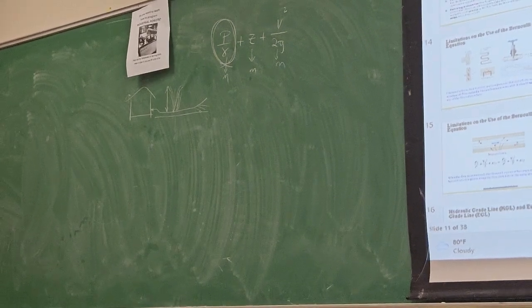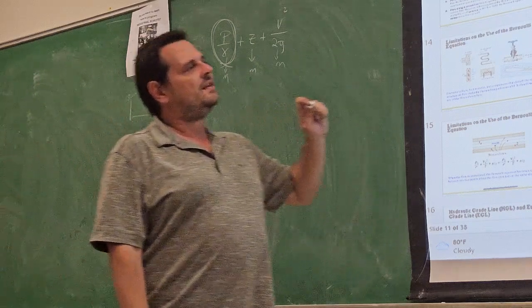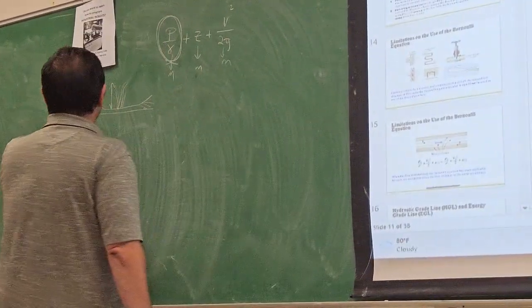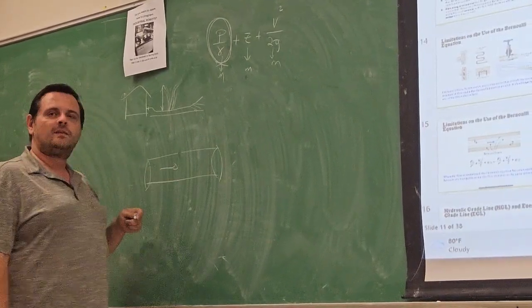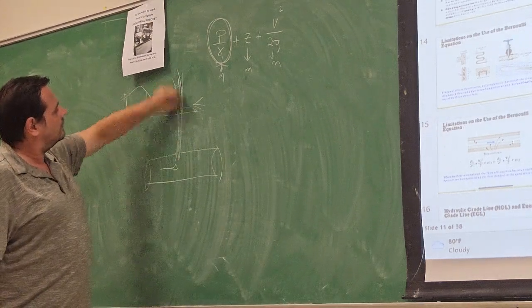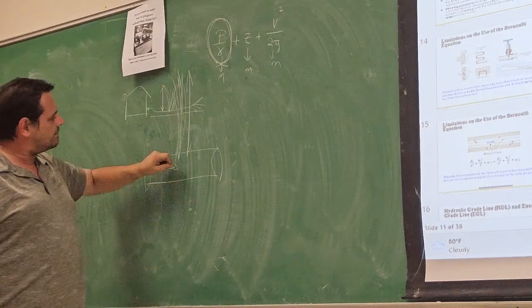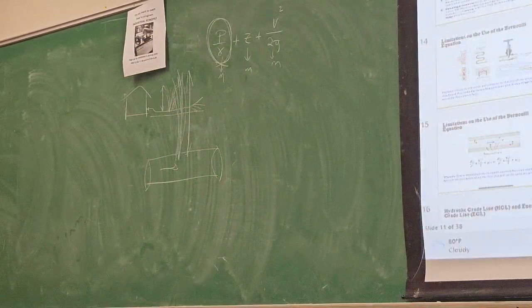So in other words, if I have any pipe, and that's why I'm trying to get you to understand the idea of the piezometer, if I have a pipe with water flowing in it, and I drill a hole in the pipe, then what's going to happen? It's going to shoot water. This height is the pressure head at this point in terms of height.